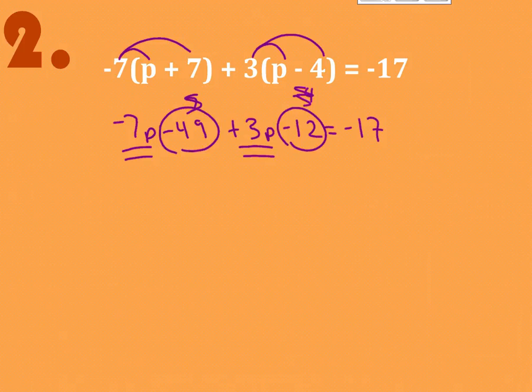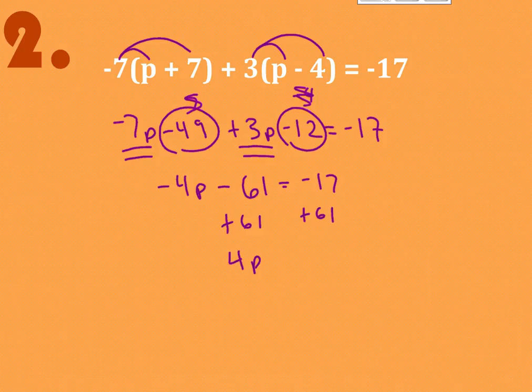All right, so negative 7p plus 3p is negative 4p. Minus 49 minus 12 is going to be minus 61. That's going to equal negative 17. So now solving. Let's add 61 to both sides.